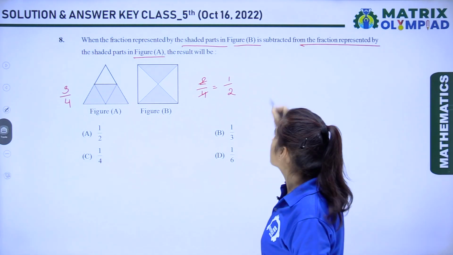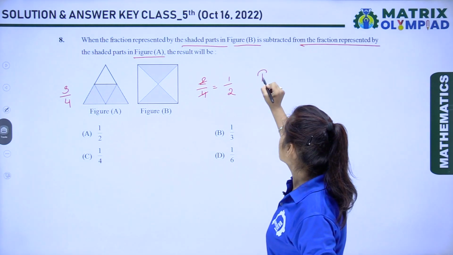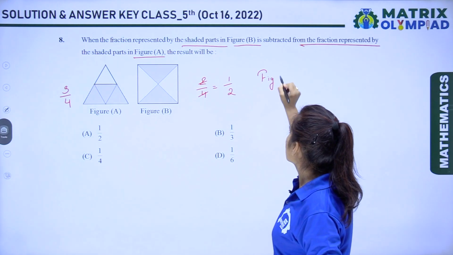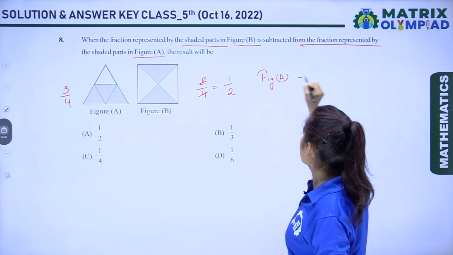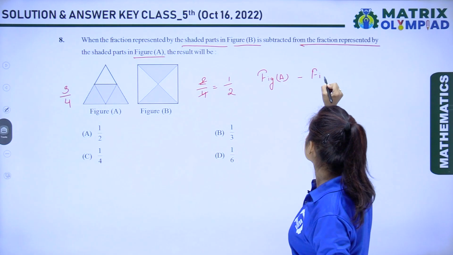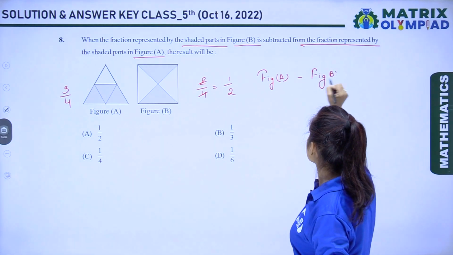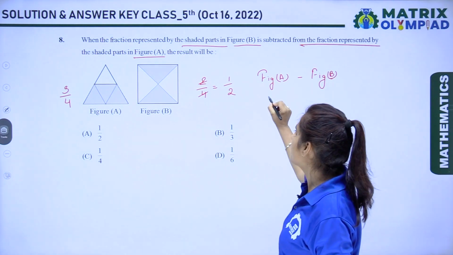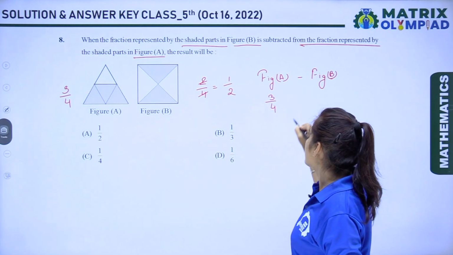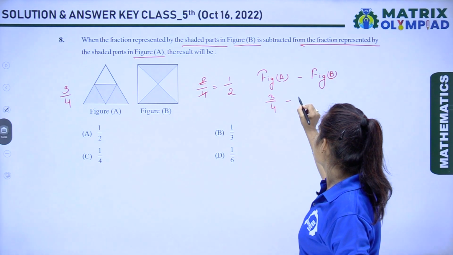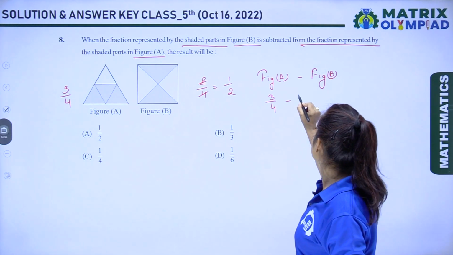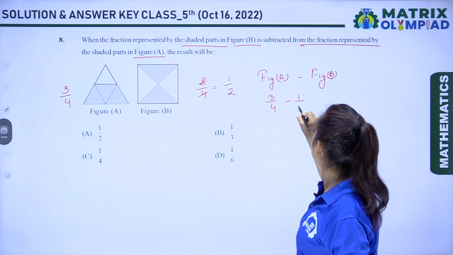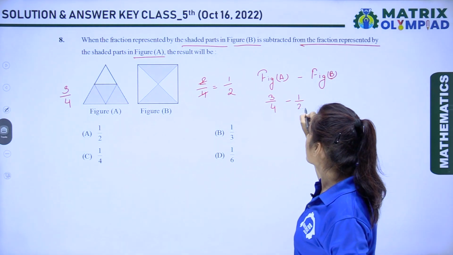So, let's begin with the difference. Now, figure B is subtracted from figure A. Let's write down the value of figure A: 3/4 minus 1/2.